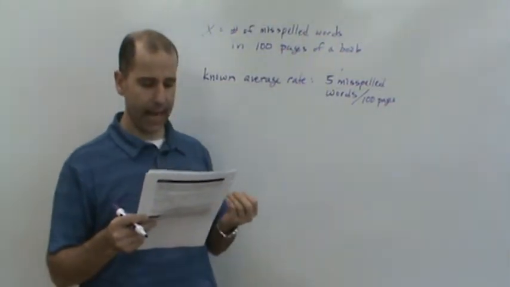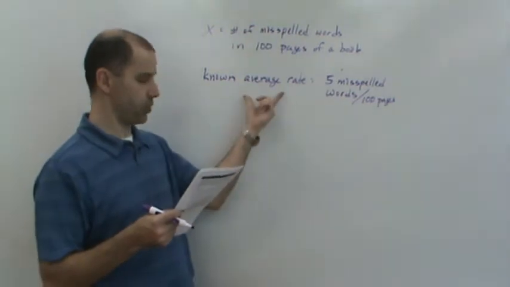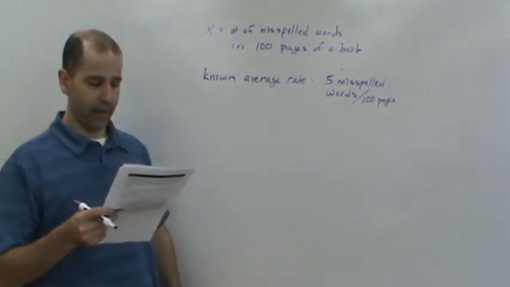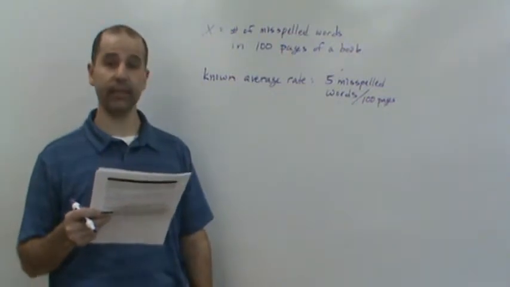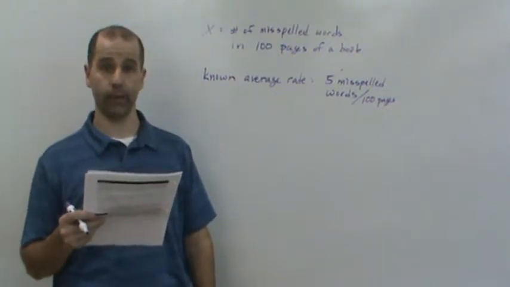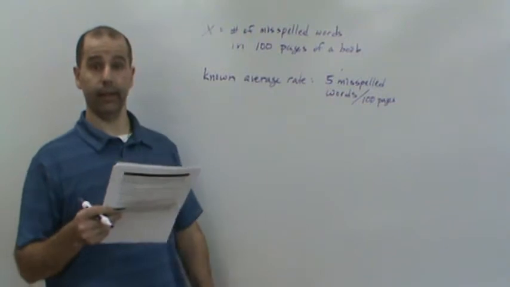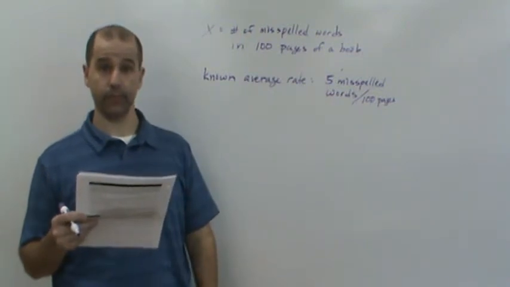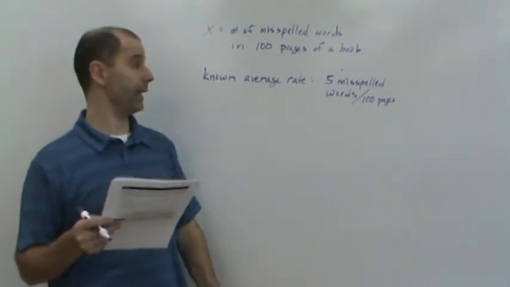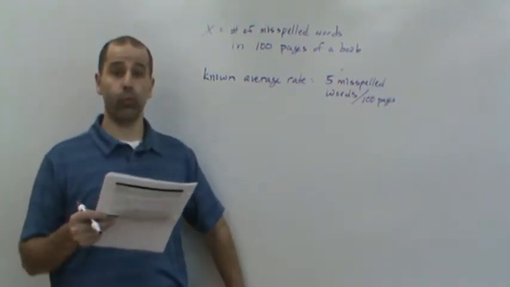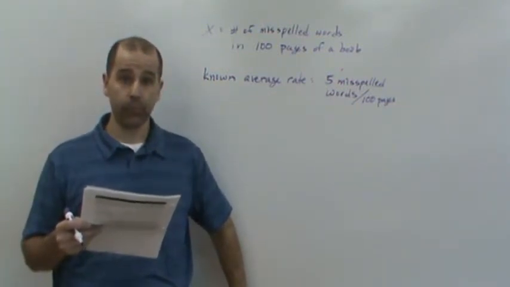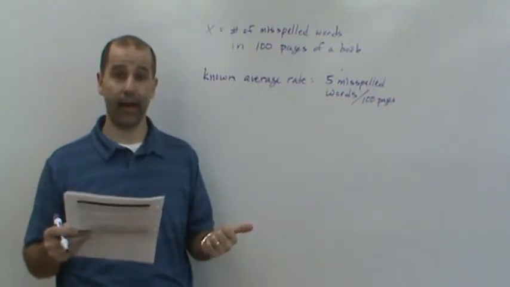If these events happen with a known average rate of change and they happen independently of the time since the last event. It does. Okay? So we can assume that the events are going to be random. It doesn't matter when the last time we got a word.